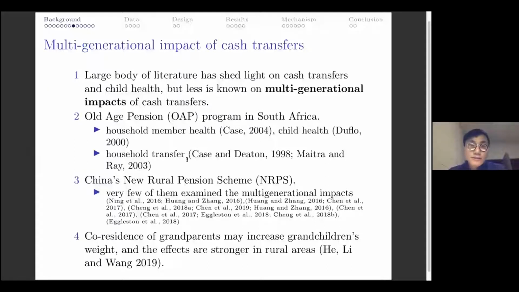But for China's new rural pension scheme, a lot of studies examine the impact on, for example, household consumption, health utilization, labor migration, and co-residence behavior, but very few examine the multi-generational impacts.